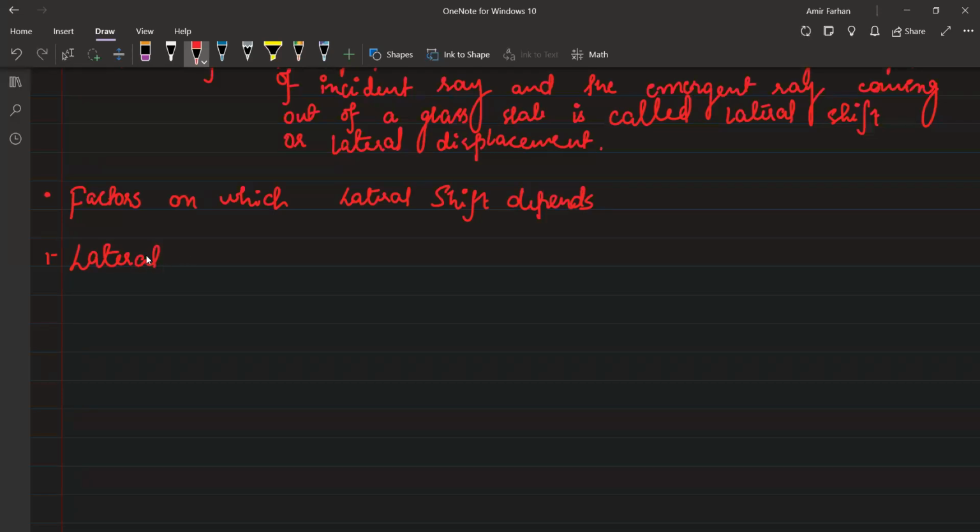When you go to higher standards, you will derive formulas related to lateral shift, but for now only the factors are here. Directly proportional. Can anybody tell me what directly proportional means? To the thickness of glass.